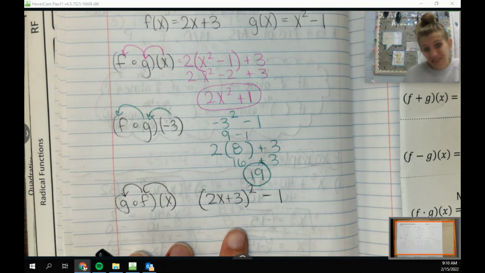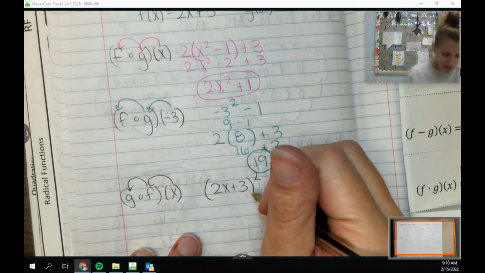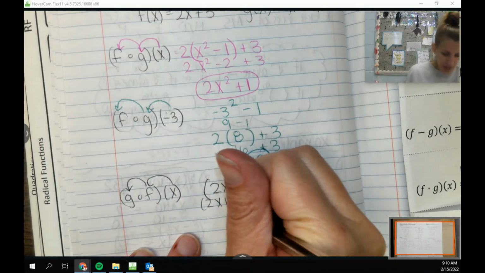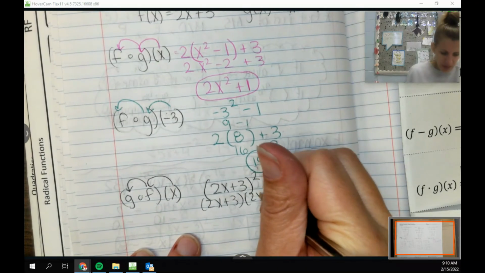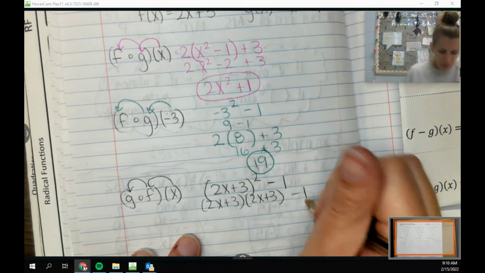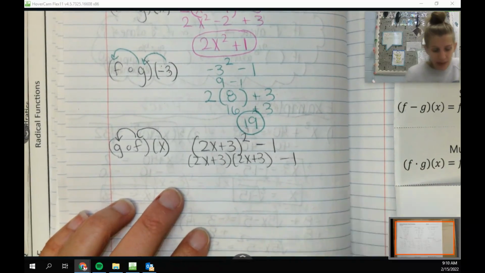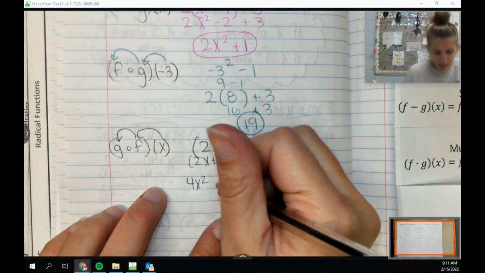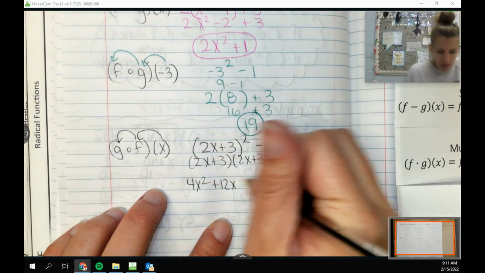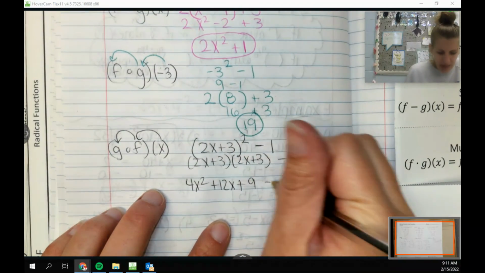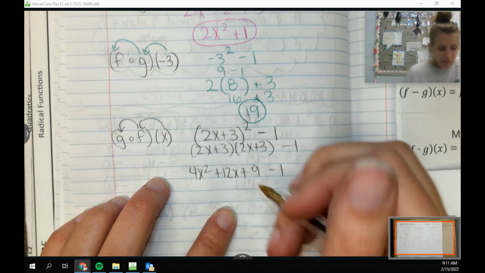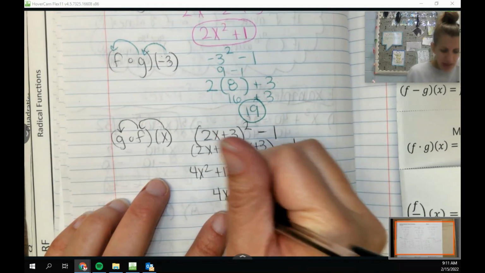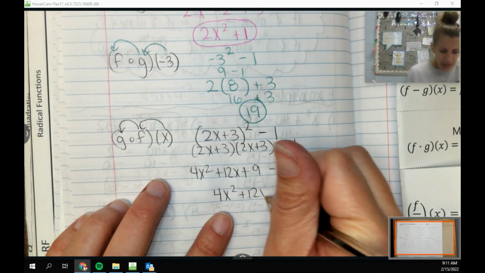So if I square that, I have to write it twice to FOIL. So 2x plus 3 times 2x plus 3, and then minus 1. I'm going to FOIL fast here. So we got 4x squared, 6x for 12x, and then plus 9 at the end, minus 1. And so overall, we're looking at 4x squared plus 12x plus 8.